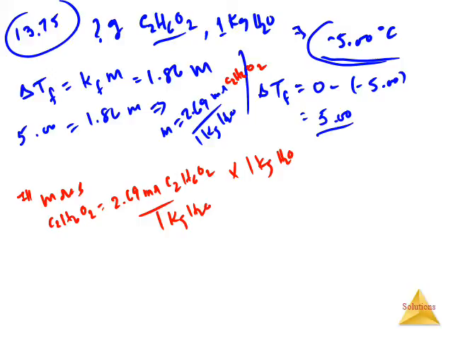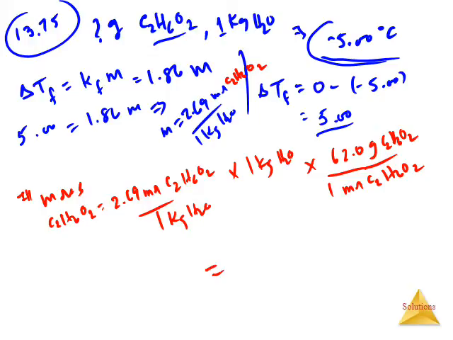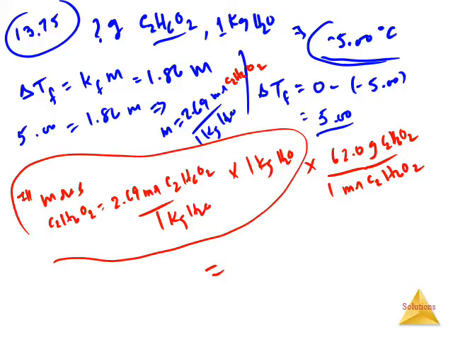Now we know how to go from mole to gram using the periodic table. So 1 mole C2H6O2, if we add up the masses of carbon, hydrogen, and oxygen, you're going to get 62.0 gram C2H6O2. This part gives you moles, I just tried to save some space, and if you multiply the whole thing, it would give you gram.